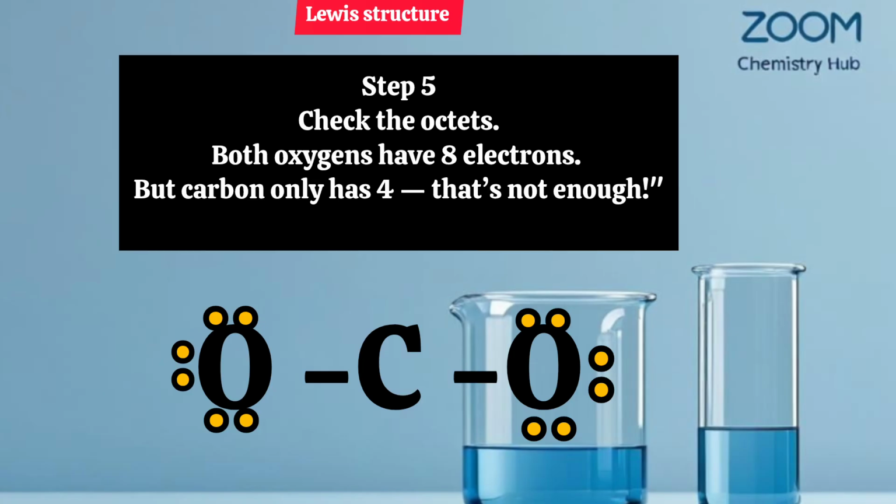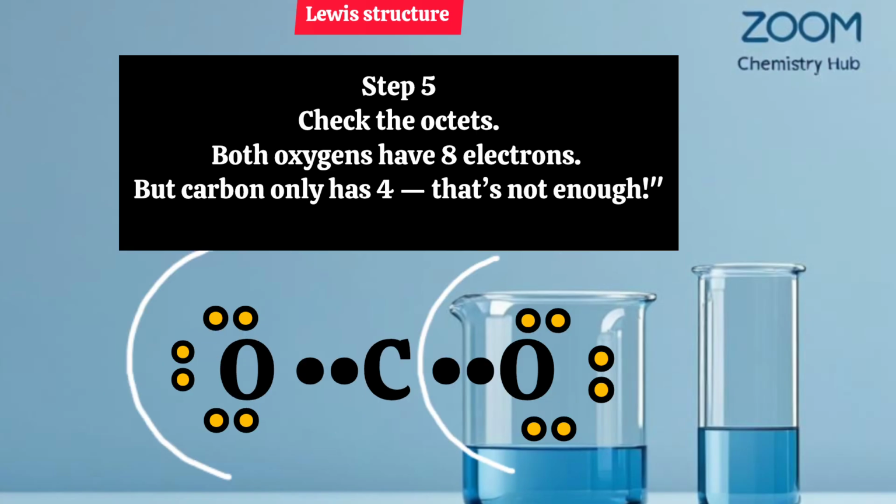Now we will check the octet of all the atoms, whether complete or not. So in the fifth step we check the octet. Both oxygens have 8 electrons but carbon only has 4. That is not enough, so the carbon is unhappy, and to make it happy we complete its octet.